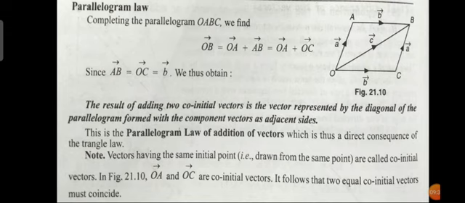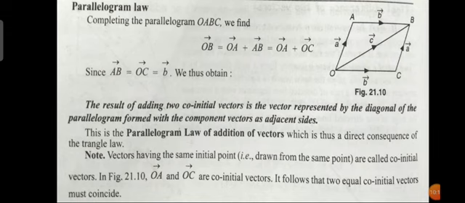Co-initial vectors means the initial point is the same for both vectors. So the sum is the vector represented by the diagonal of the parallelogram formed with the component vectors as adjacent sides. That is the parallelogram law of addition. Okay, I think it is clear.